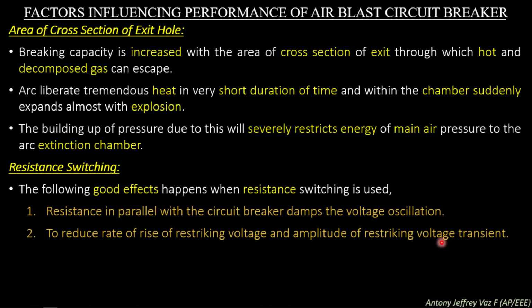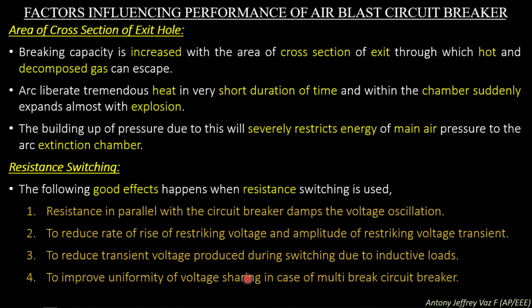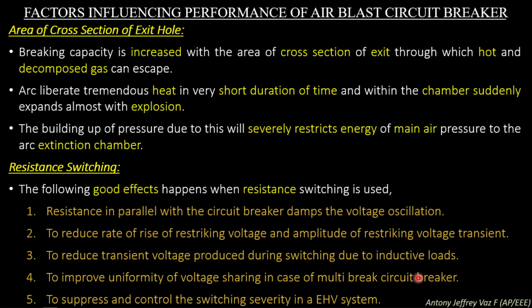So, resistance switching will reduce the restriking voltage and the rate of rise of restriking voltage to reduce transient voltage produced during switching due to inductive loads. So resistance switching will reduce the inductive load switching effects, and it will improve uniformity of voltage sharing in case of multi-break circuit breakers, and it will suppress and control the switching severity in extra high voltage systems.